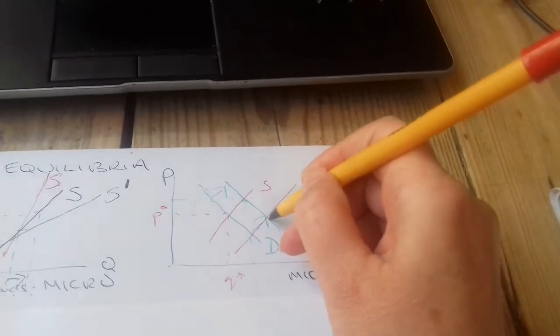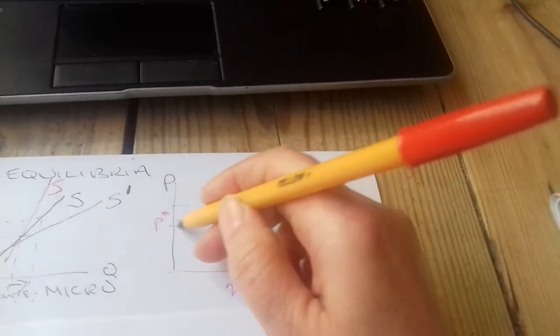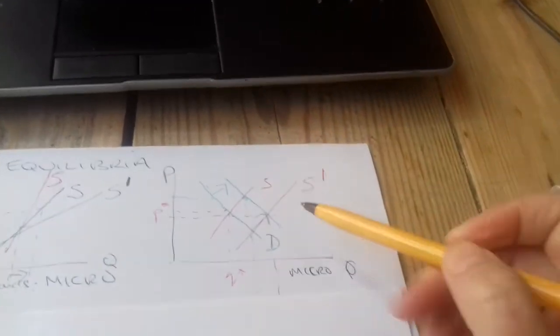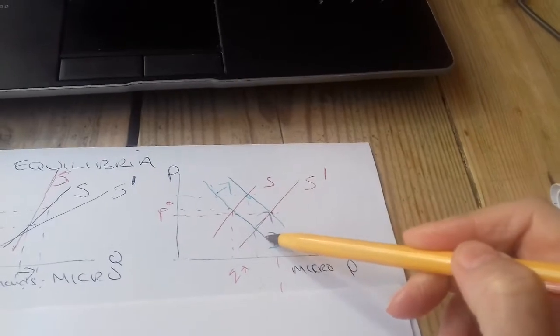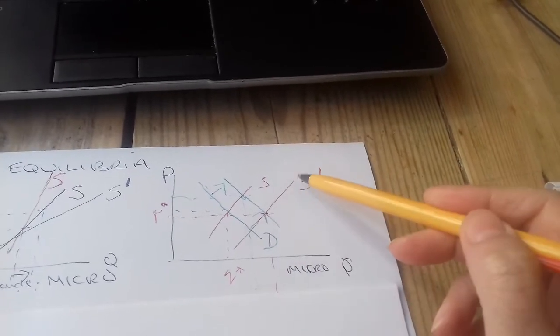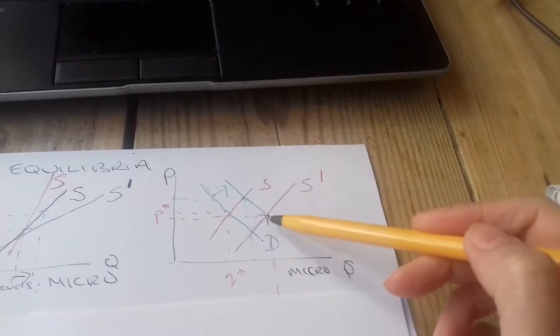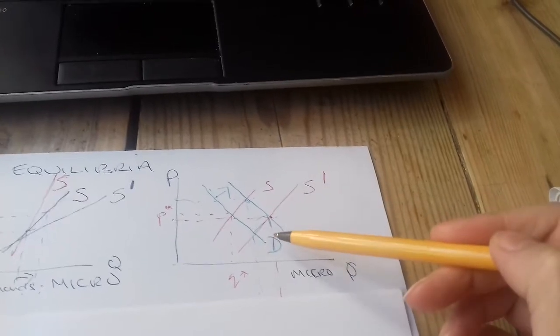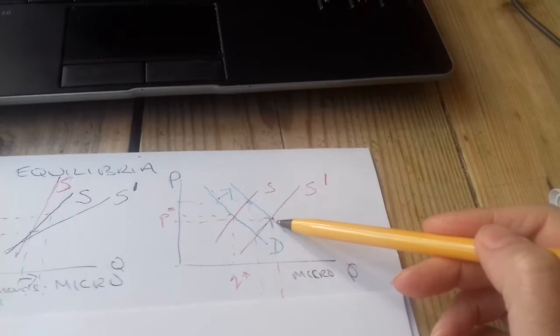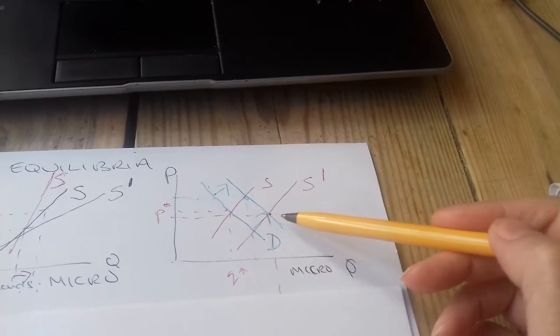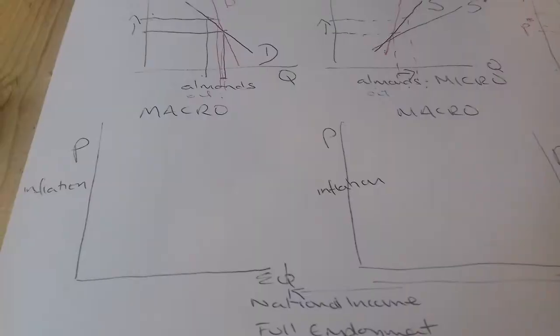And again we see a new equilibrium. So any change which is not captured in the original demand curve or the original supply curve requires us to draw a new curve. So something fundamental has changed, we can no longer hold everything constant, and we have a new, distinct equilibrium position.